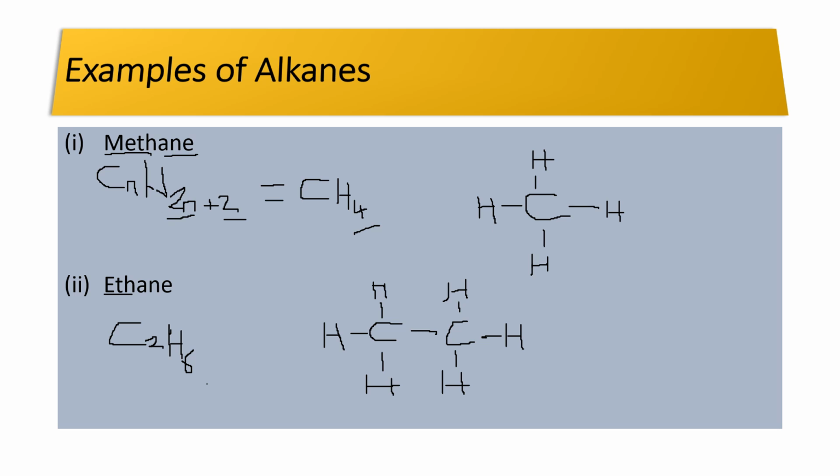This is how you come up with the chemical formula and structural formula for alkanes. You can try at one time to do propane, butane, all those. But first you have to understand the prefix, which I will share later. These are the first 2 examples of alkanes.